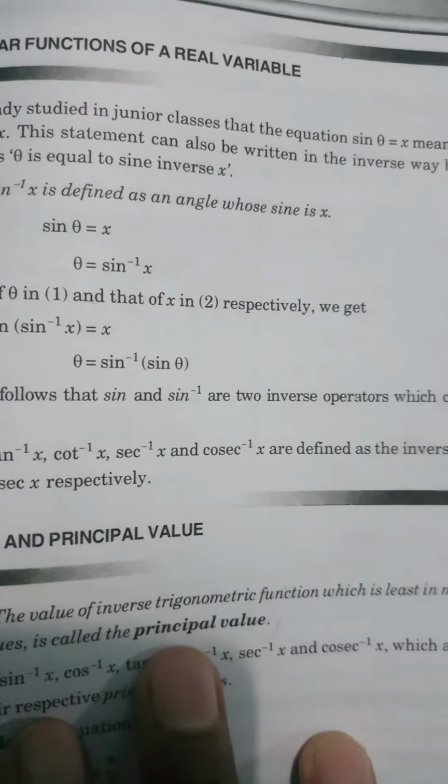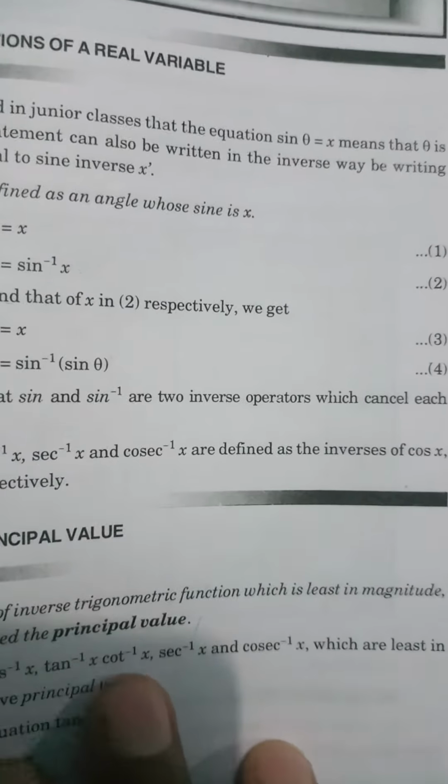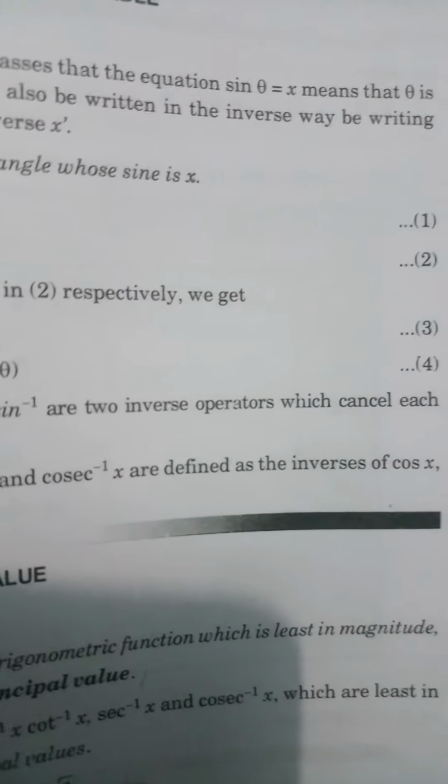Theta equal to sine inverse sine theta. Similarly, cos inverse x, tangent inverse x, cot inverse x, secant inverse x and cosecant inverse x are defined as the inverse of cos x, tangent x, cot x, secant x and cosecant x respectively.